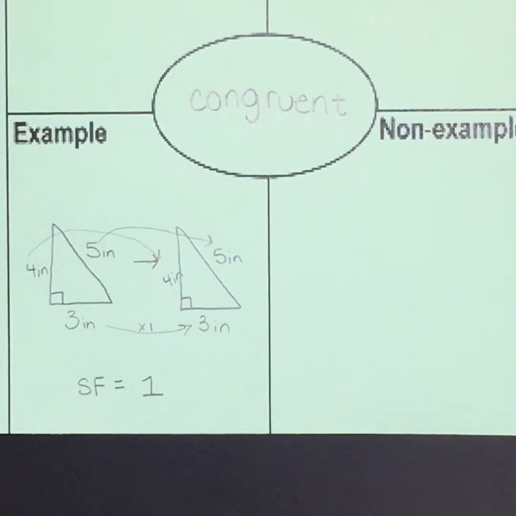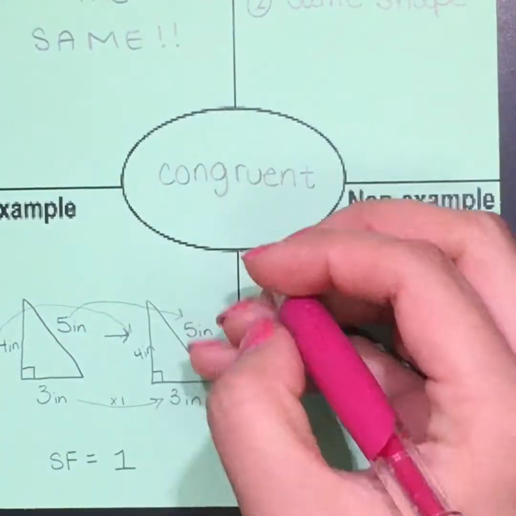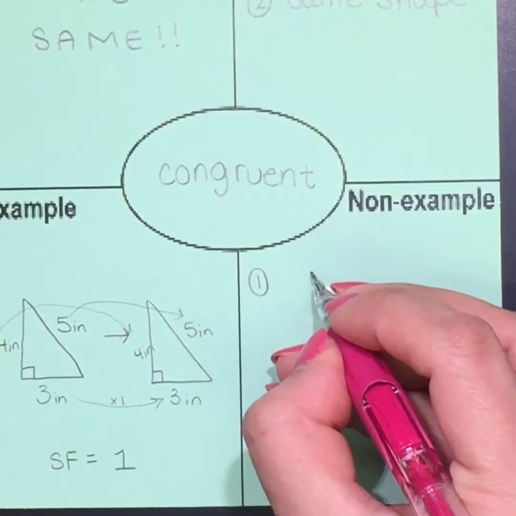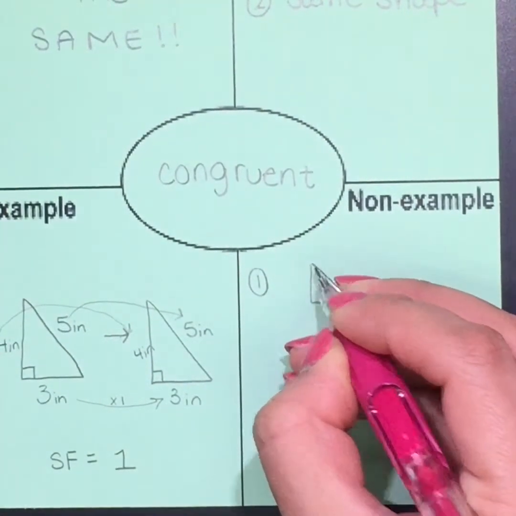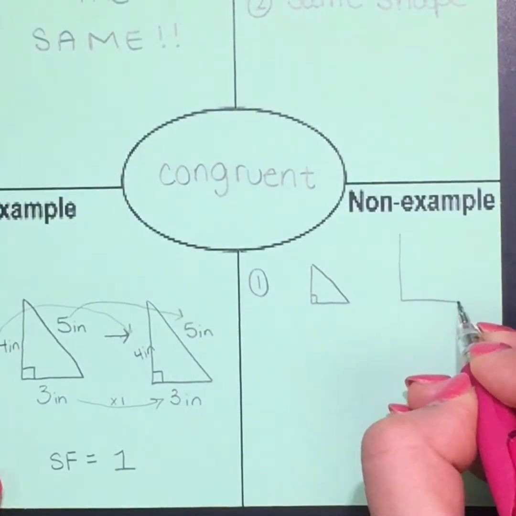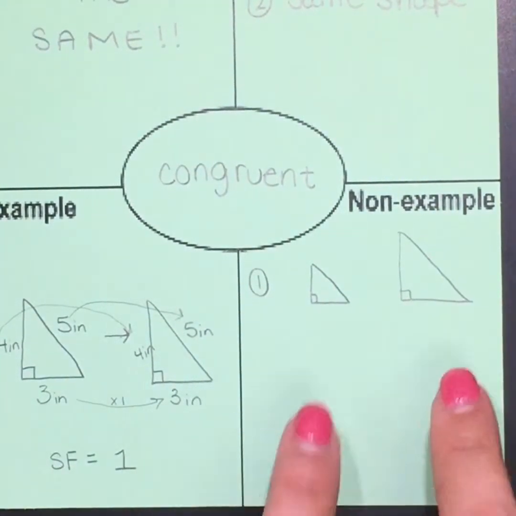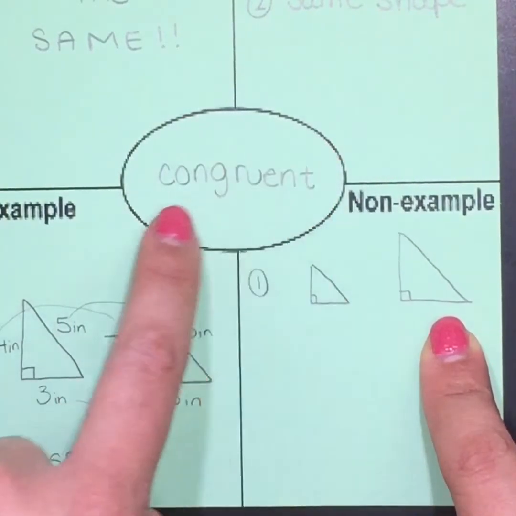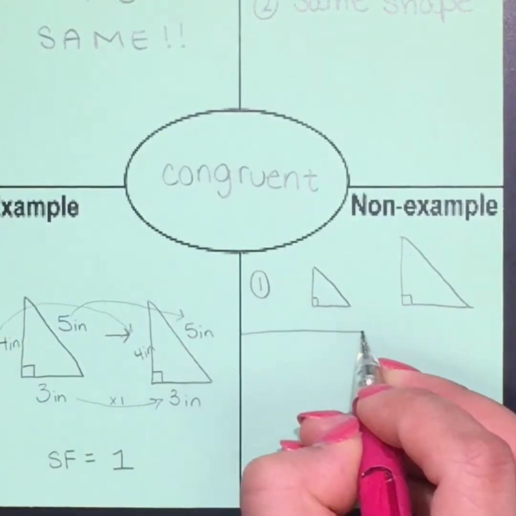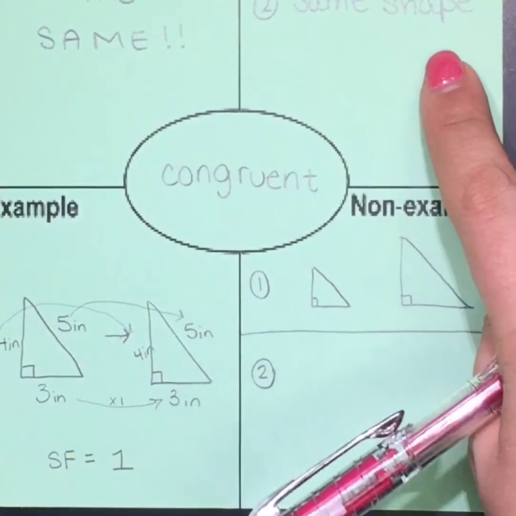Okay, and now let's look at some non-examples that go with our characteristics for congruent. So the first one says they have to be the same size. So for my first non-example, we're going to do 2 that are not the same size. So let's say I have a small right triangle right here, and then I have a large right triangle over here. Not the same size, so they're not congruent. And to go with my second characteristic, it says they have to be the same shape.